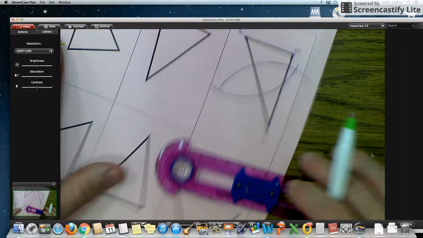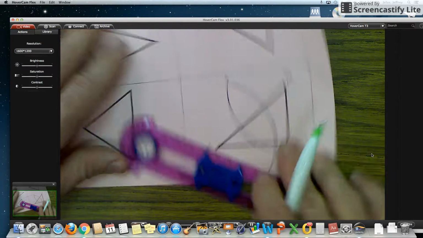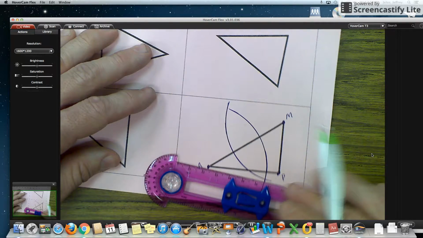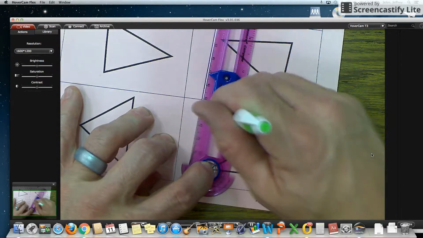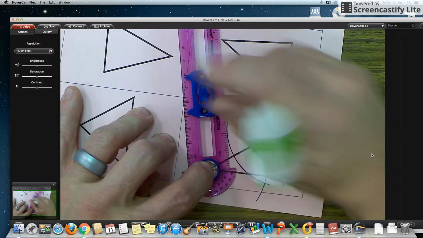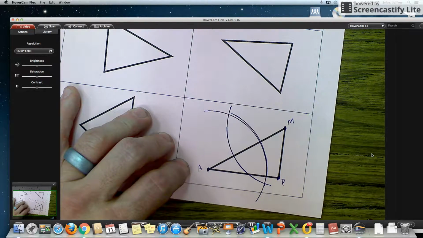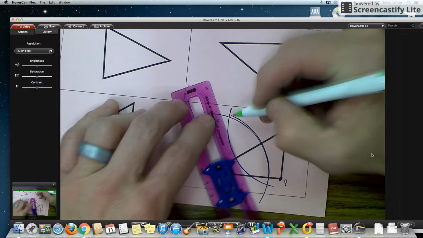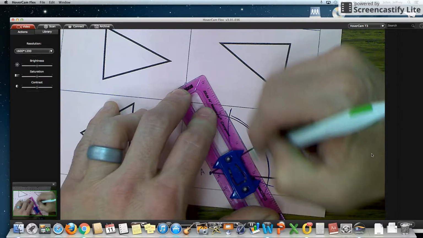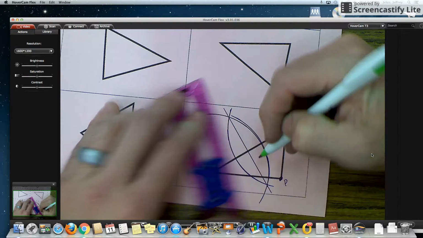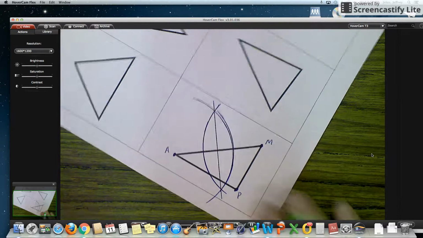When I did the first arc on A, I didn't go far enough. So I have to come back to A, match it up. There you go. And now I'm going to make my perpendicular bisector. One through there, one through there.